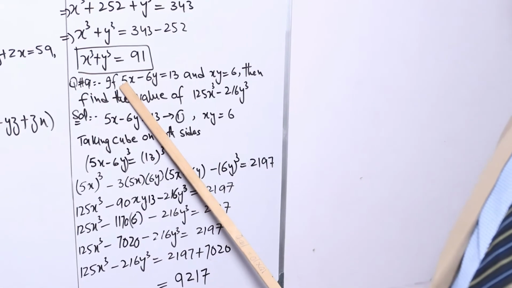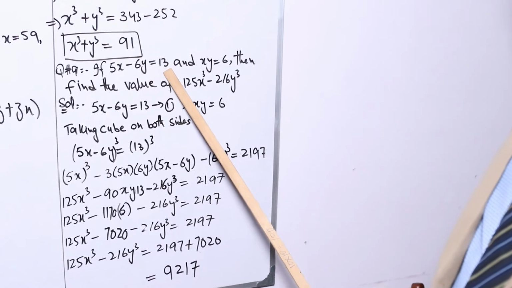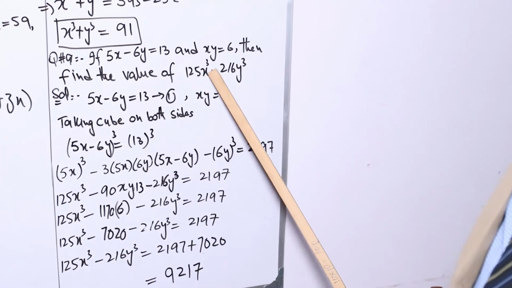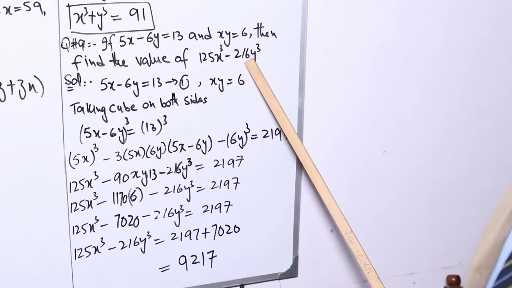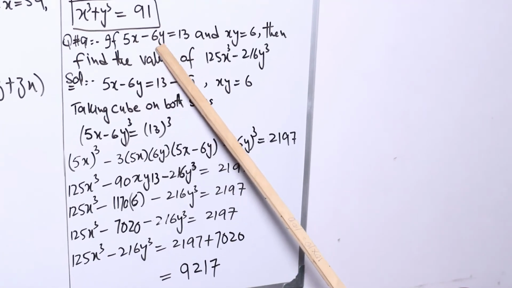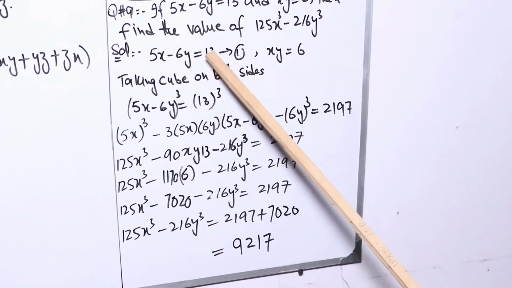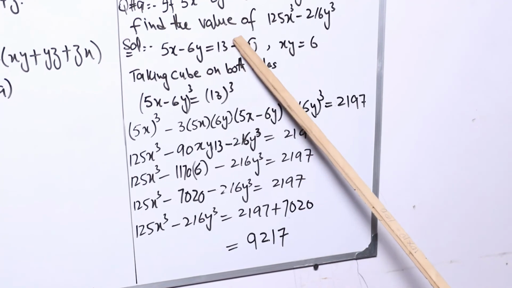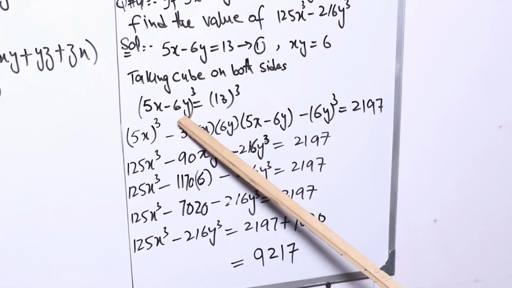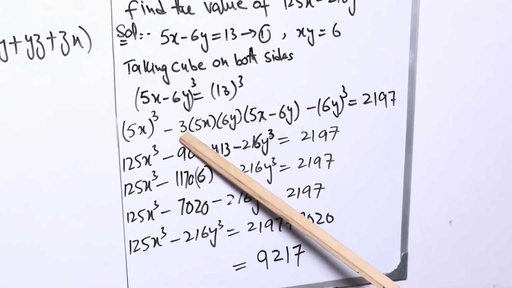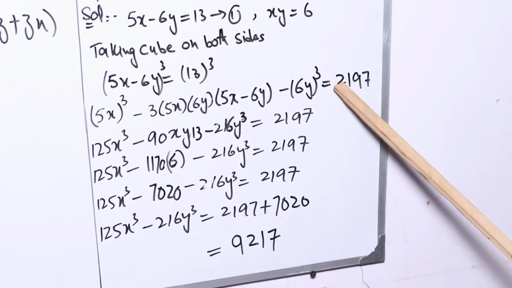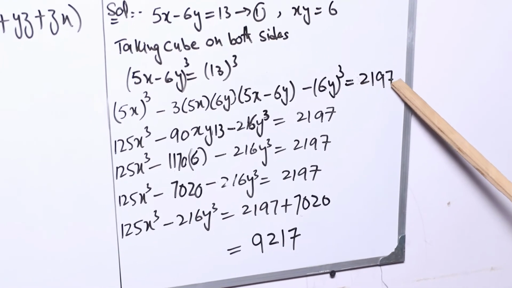Question 9: if 5x − 6y is equal to 13 and xy is equal to 6, then find the value of 125x³ − 216y³. Taking cube on both sides of equation 1, a³ − 3ab(a−b) − b³ is equal to 2197.